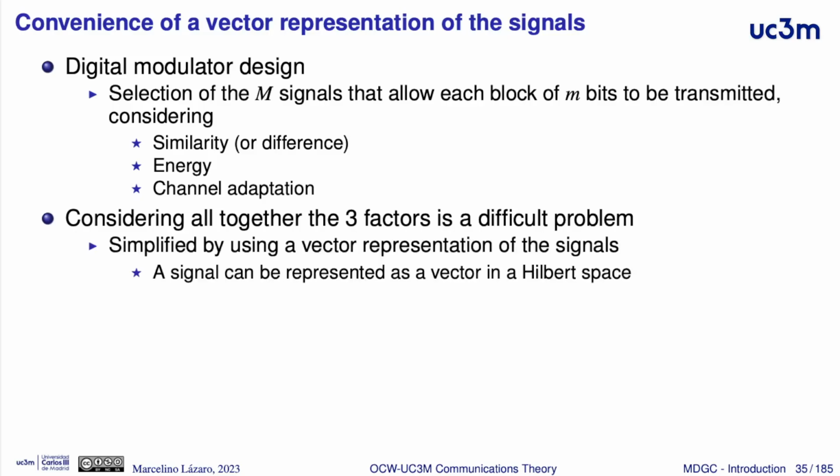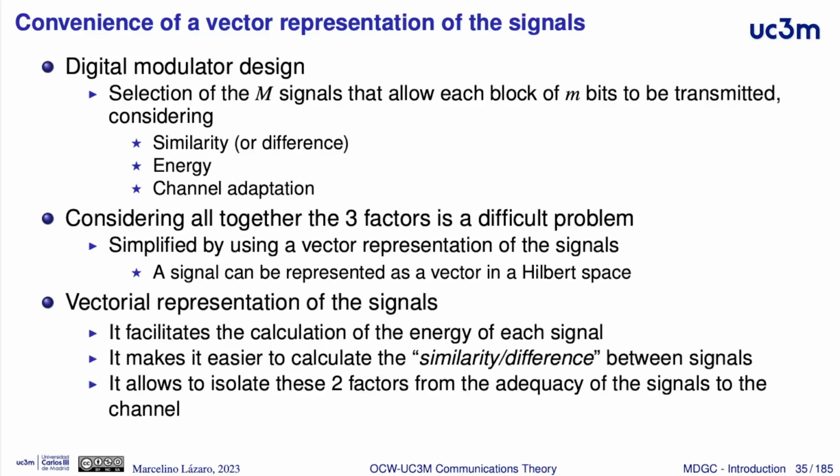However, this can be simplified by using a vector representation of the signals, because signals can be represented as vectors in a Hilbert space. And the idea is that with this vector representation, it is possible to isolate the first two factors, the similarity and the energy, from the third one, the channel adaptation. And this means that the design will be simpler using this vector representation of the signals.